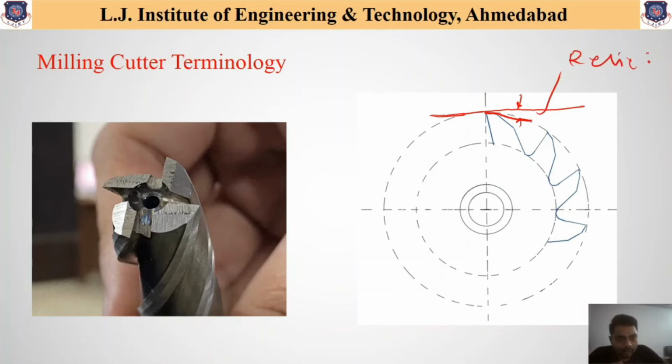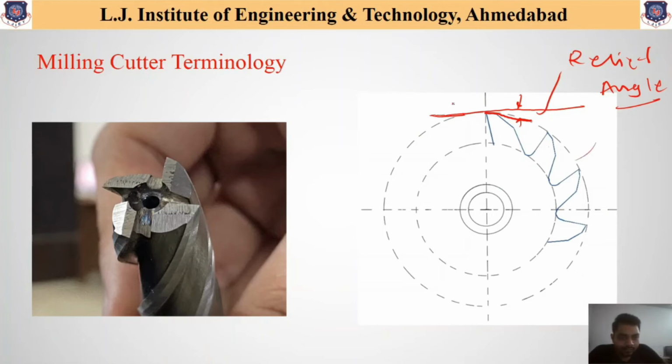As we have seen in chapter 1, the relief angle helps to reduce the rubbing or friction between the workpiece and the cutter. This helps to remove material from the workpiece very easily and provides a pointed edge to remove the material. So this second angle is called the relief angle.